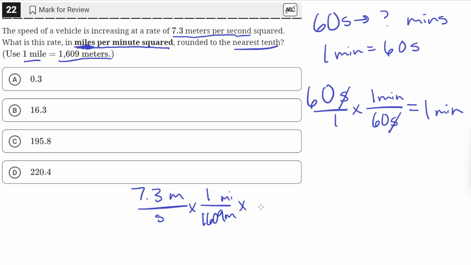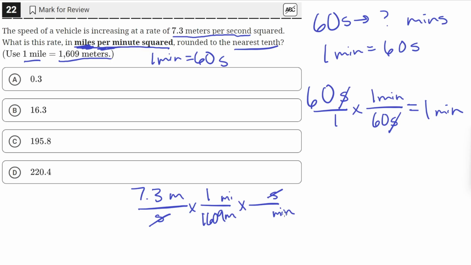Now, we need a third fraction that converts the seconds into minutes. We know that 1 minute is equal to 60 seconds. So we need to choose whether we want the seconds or the minutes in the numerator and the denominator. We want to get rid of the second unit and have the final quantity in per minute squared.